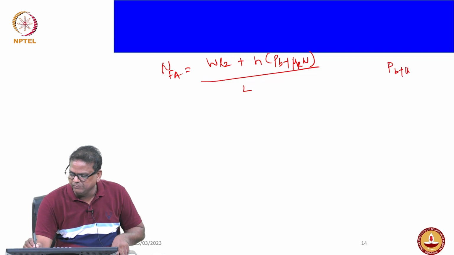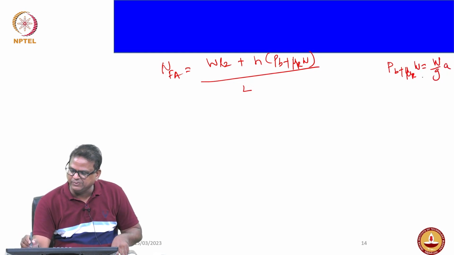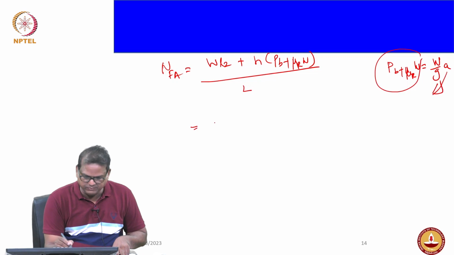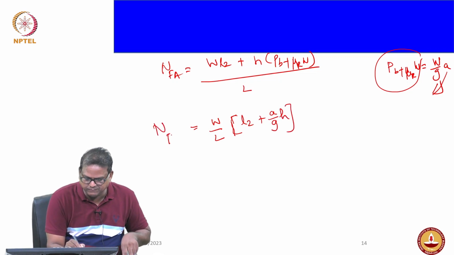PB + mu r W equals Wg by A. This we already know. So I am going to replace this term by putting this. Then in the equation, I will take the W separately: WL2 plus A by G H.